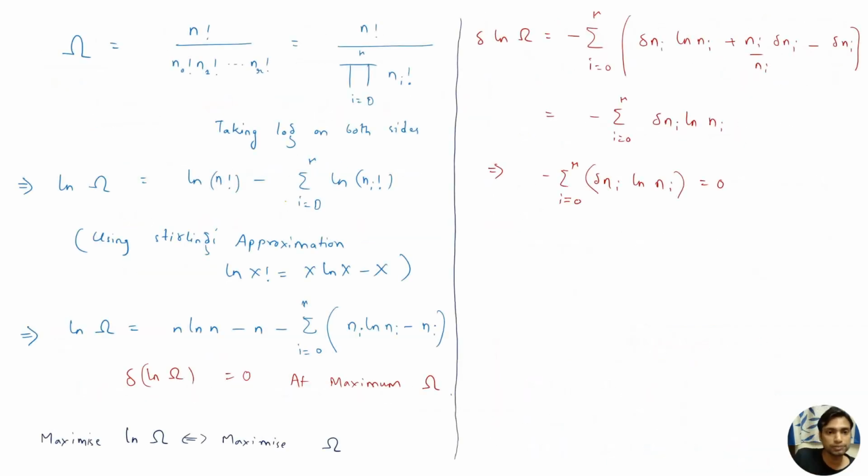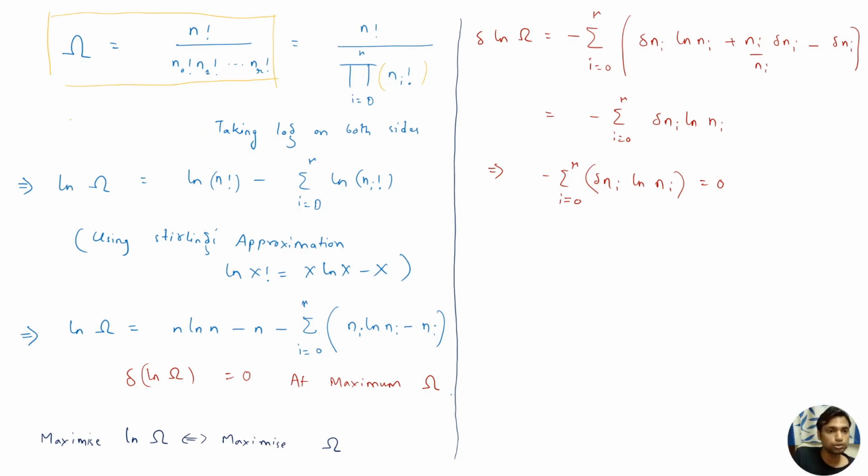So let us do that. We have this expression, the number of ways in which a particular microstate can be obtained. This is just another way of writing it. The product of these Ni factorial can be written like this. Basically, logarithm is an increasing function.